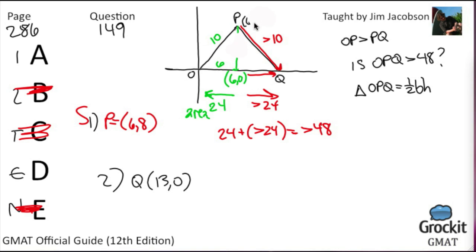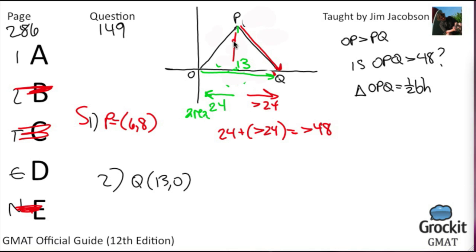We have no idea anymore where P is, nor any of the sides of the triangle. We just have this, and what this tells us is that OQ basically is 13. But without knowing anything about the height of the triangle, there's no way we can determine the area.